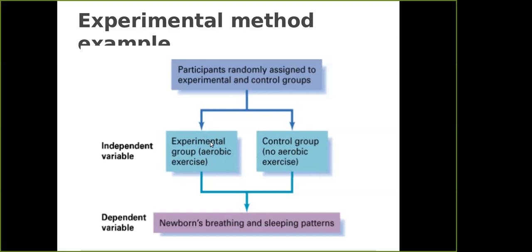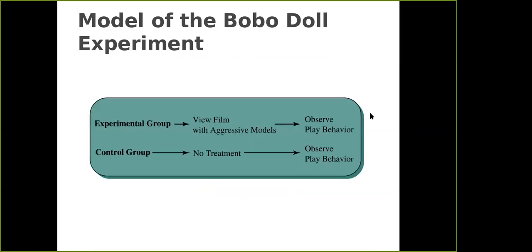So you've left open competing hypotheses by not controlling that assignment. So it's important, if you're going to conclude causation, to randomly assign people to the treatment or control group or to the different levels of the independent variable.